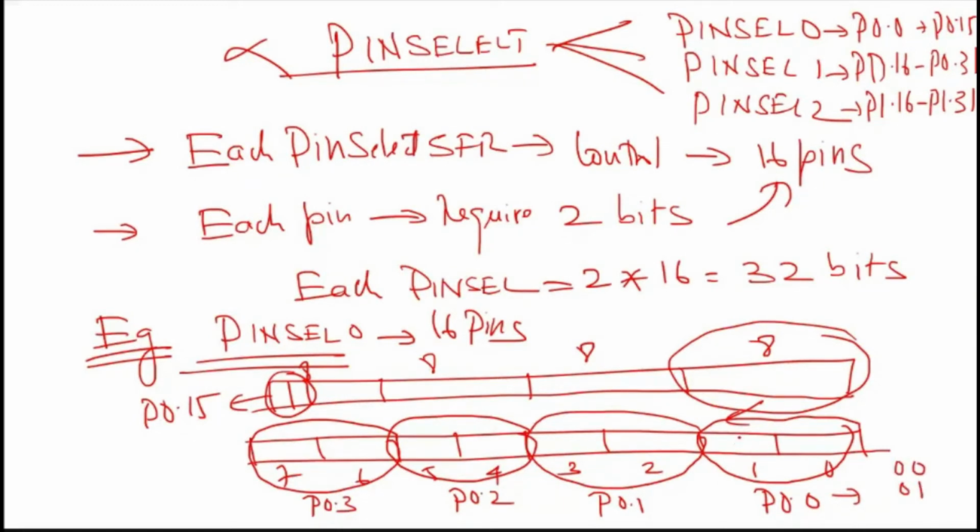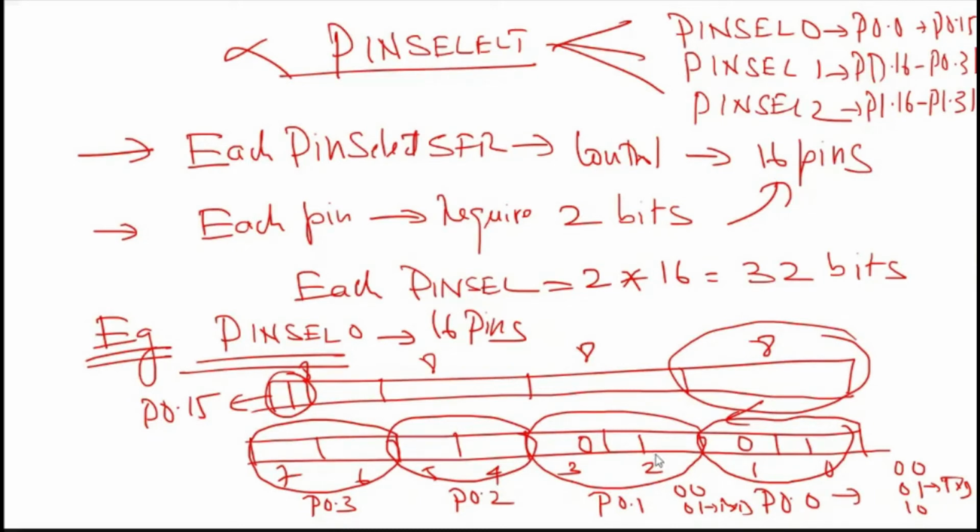If you write 01 here, then you are planning to use the first special function of port 0.0, which is the transmit pin. If you put 10, the same pin will do the second special function, and so on and so forth. Similarly, for 0.1, we again put 01. Why do I put 01? Because I am planning to use the first special function of port 0.1. 00 is the default function, and 01 is the received data of port 0.1. So 01 is the value that I have to put for pin select.